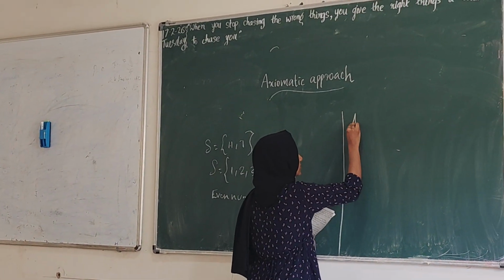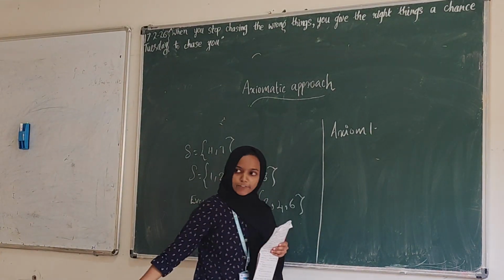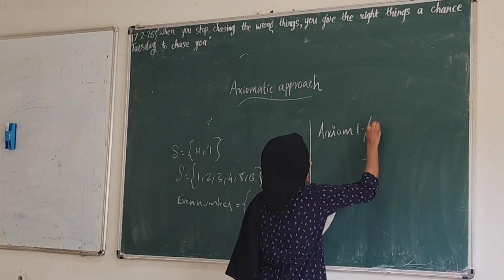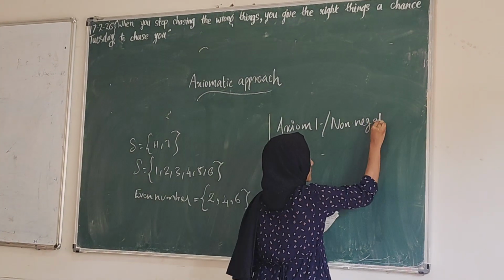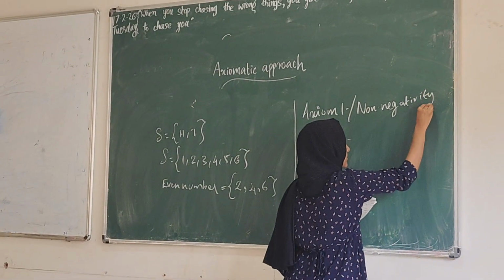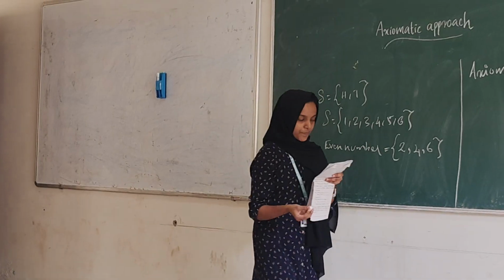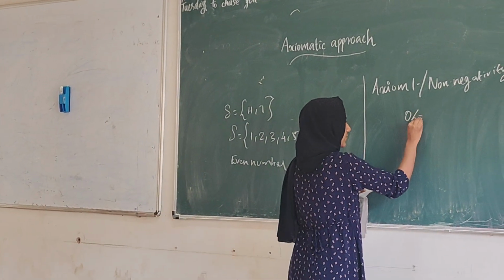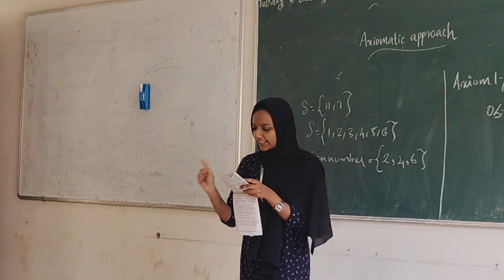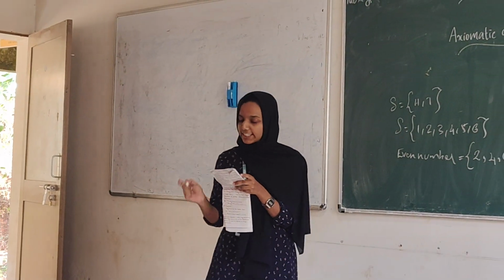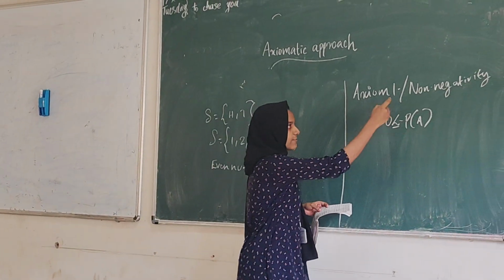The first axiom, axiom 1, is non-negativity, or we can also say positiveness. It means that P(A) is greater than or equal to 0. For any given event, the probability of that event must be greater than or equal to 0. This is axiom 1.